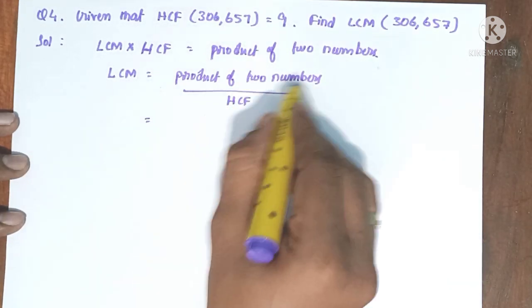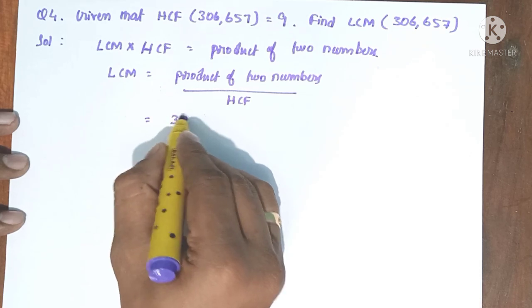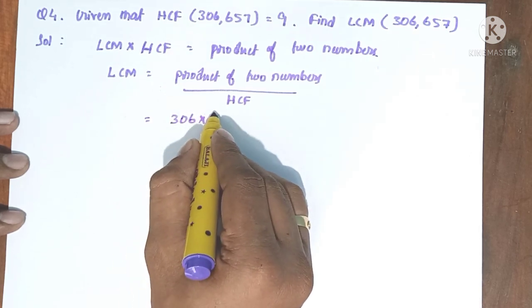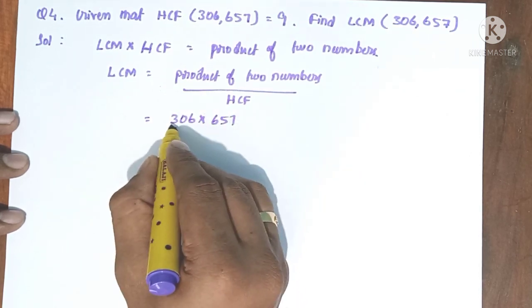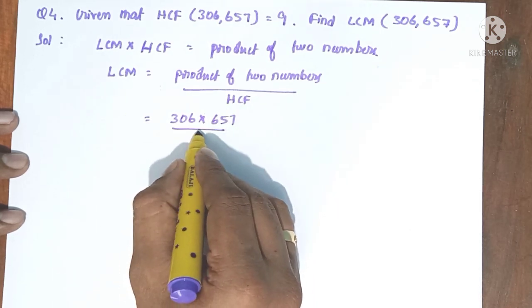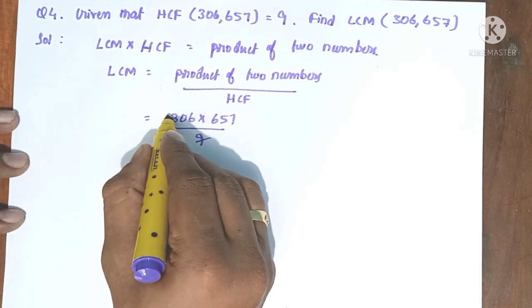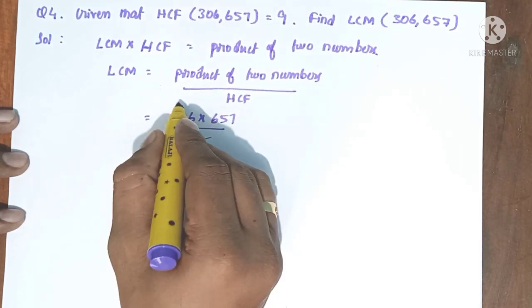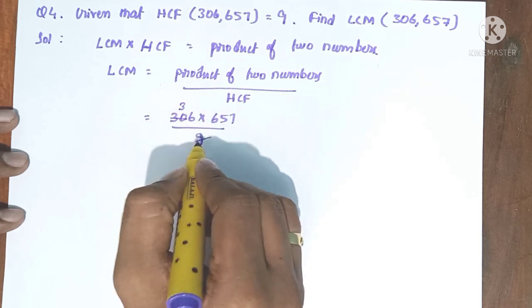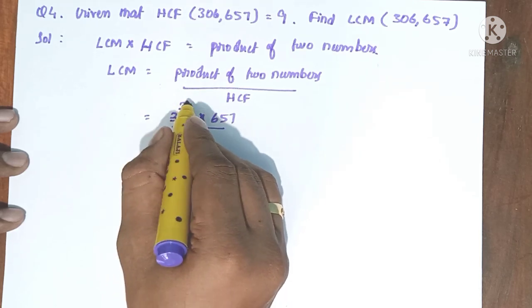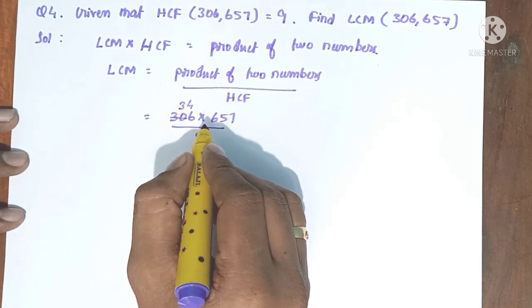That is equal to, what is the product of two numbers? 306 multiplied by 657 divided by, what is HCF here? It's 9. So we can cancel this. 3 9s are 27, remaining is 3, 4 9s are 36.